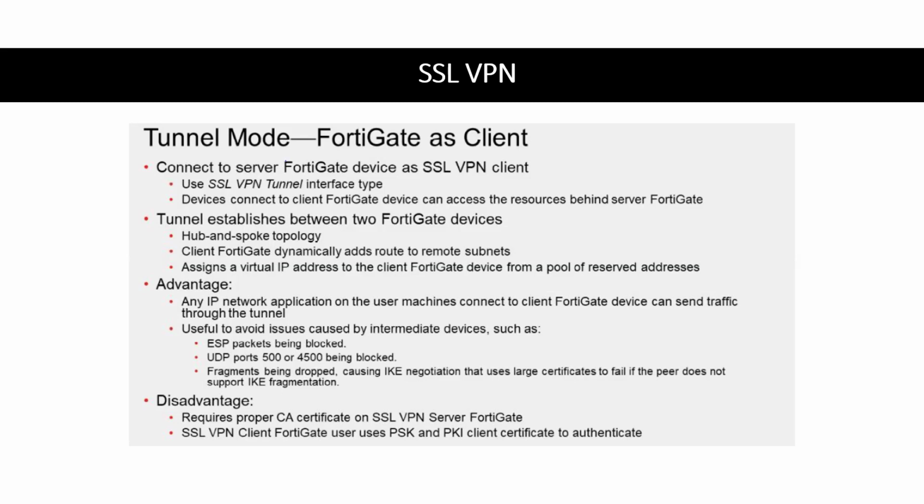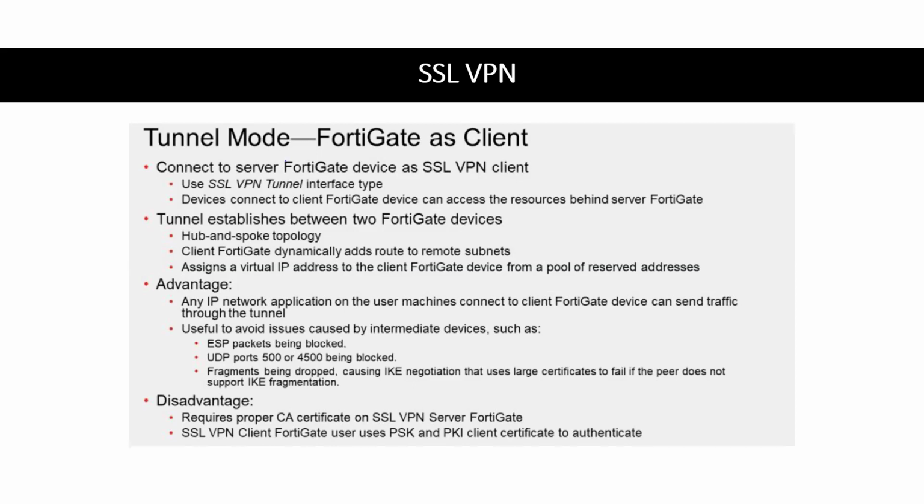SSL VPNs, you guys know the MTU, the maximum transmission unit of an interface is 1500. Sometimes with packets traveling through a VPN tunnel, whether it be SSL VPN or IPsec, a lot of packets are going to be fragmented.